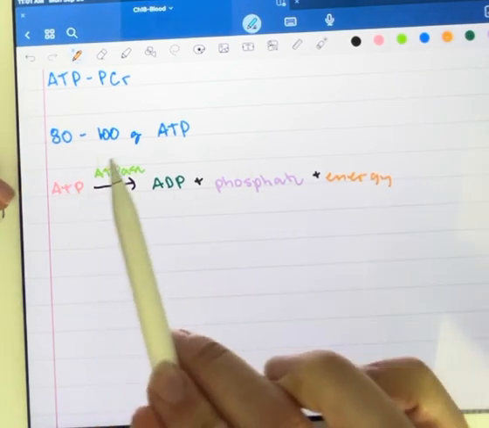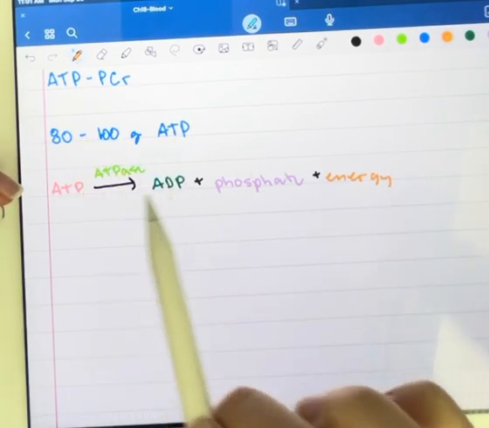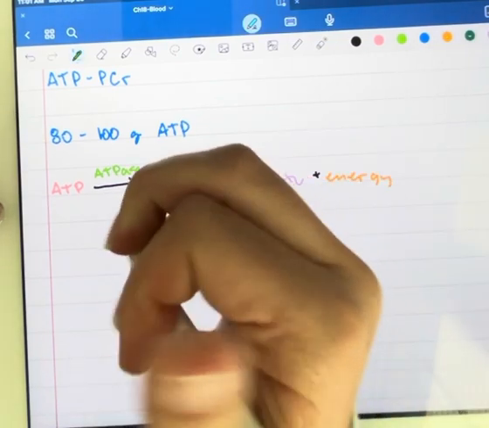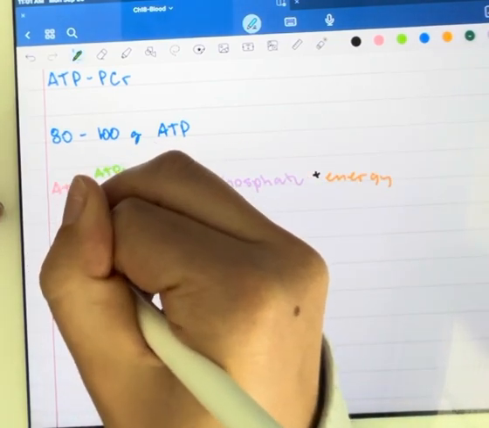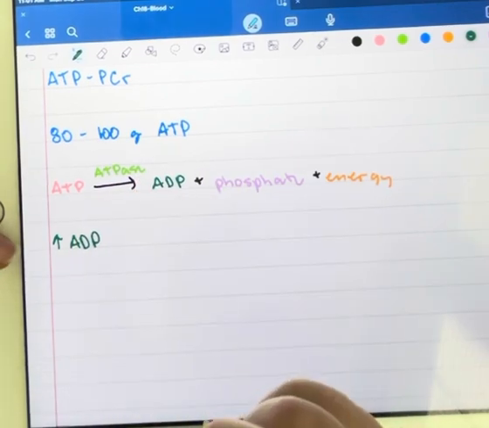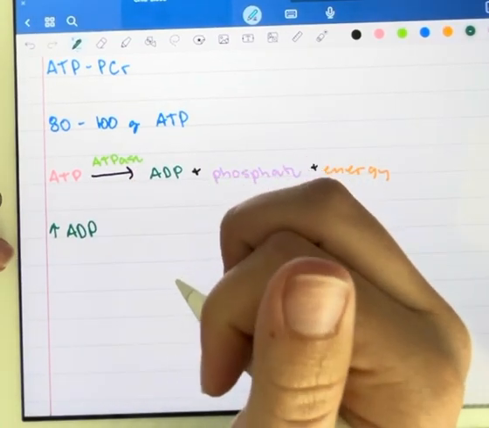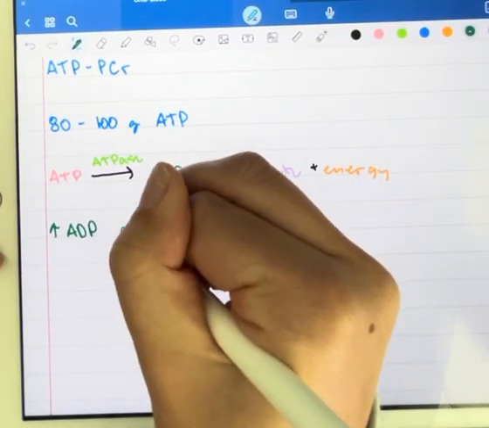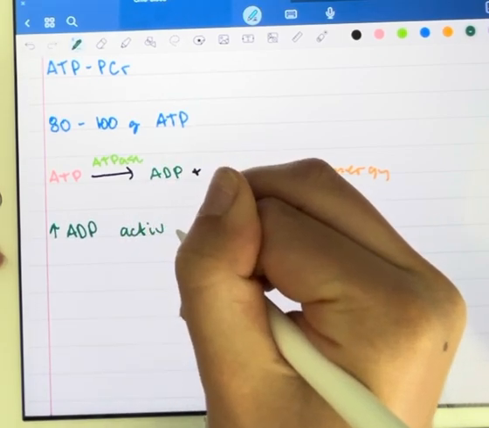Now, since we're breaking down these 80 to 100 grams of ATP, means we have a drastic increase in ADP in our cells. With this increase in ADP, it then activates the enzyme of CK.